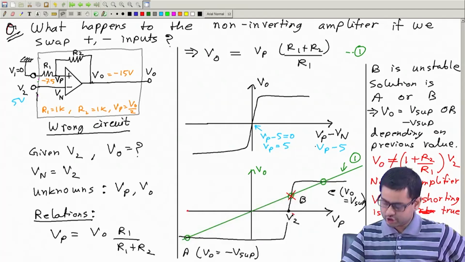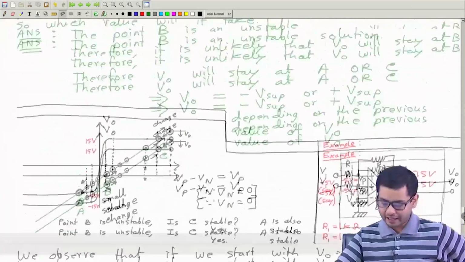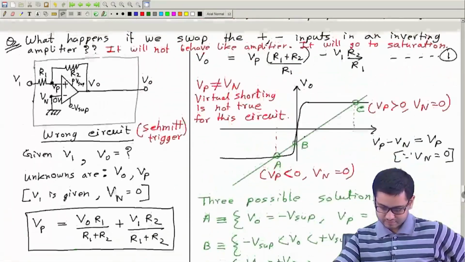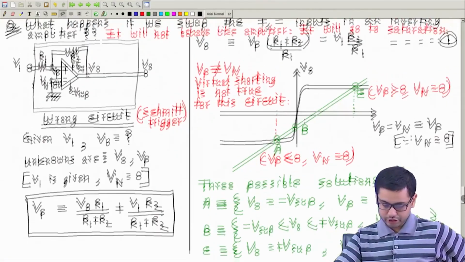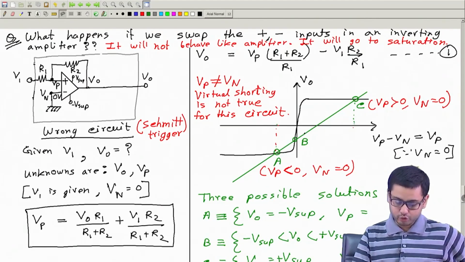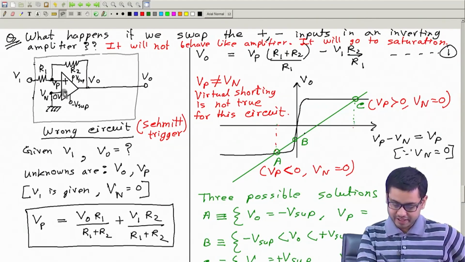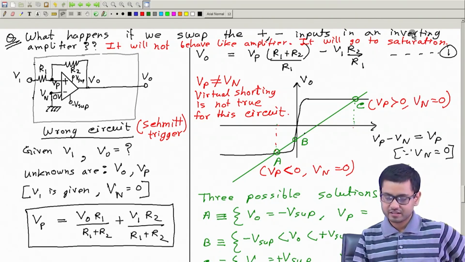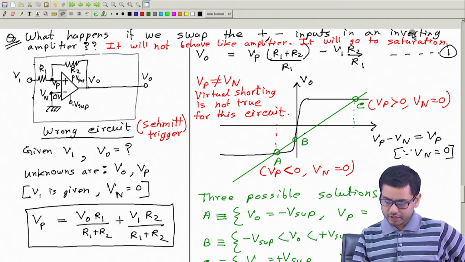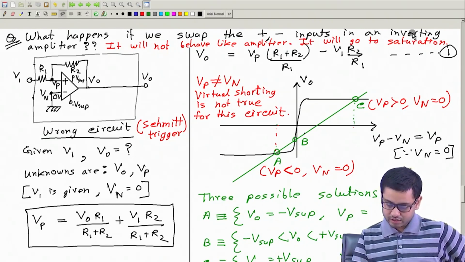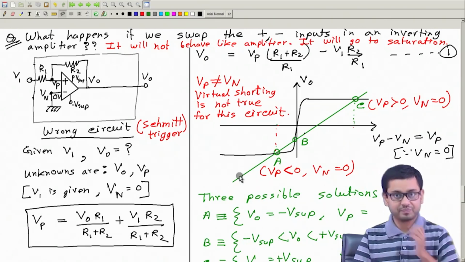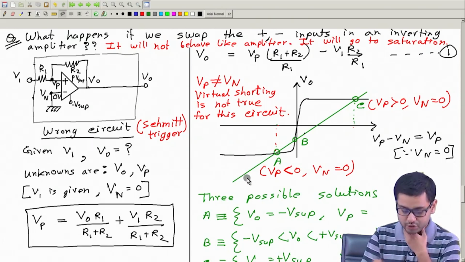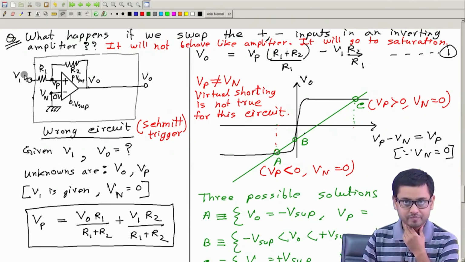Similarly, let me go back to the previous class, where we were talking about what happens if we change the plus/minus sign for the inverting amplifier. Now you can ask, in this diagram, how will the solution change if I change the input V1?